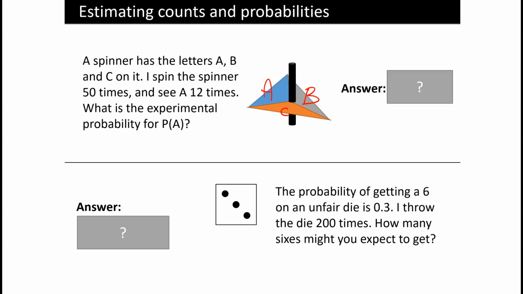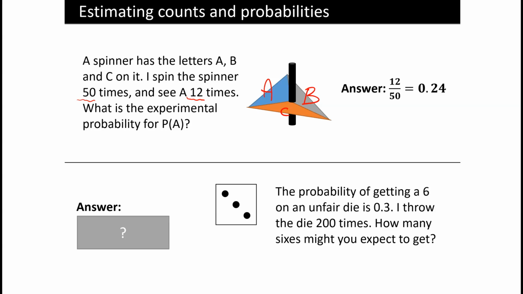It's also called the relative frequency, because when you do it 50 times, it comes up 12 times. So the probability of getting an A is 12 out of 50. You can leave it as a fraction or put it as a decimal. It's happened 50 times, we've got 12 of them, so 12 out of 50.